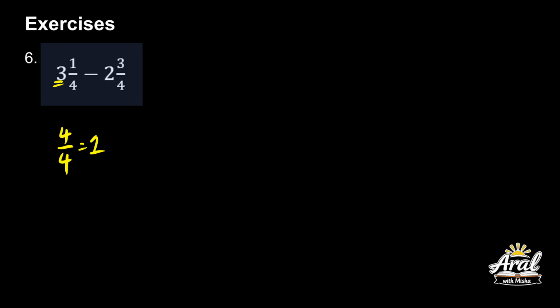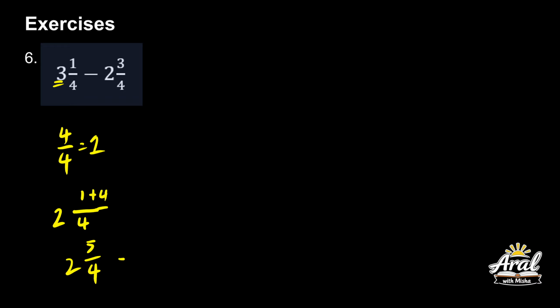So, magbawas ka ng isang 1 sa whole number mo. So, 2 and 1 over 4. So, magpa-plus 4 ka dyan. 4 over 4, diba? Plus 4. Since 4 over 4 is 1, okay? So, 2 and 5 over 4, okay?